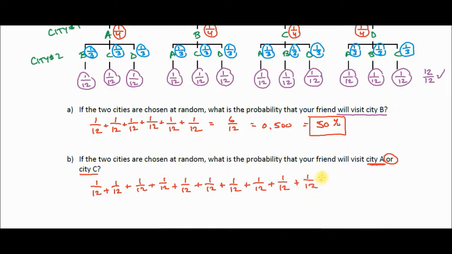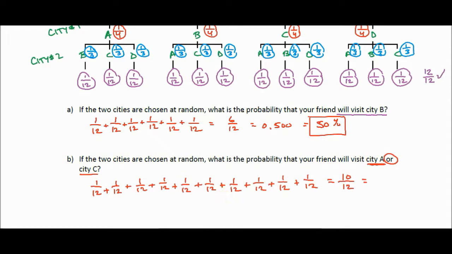So now you see what happens with the actual "or" in the question. Now we're finding branches that either visited city A or city C, or of course, class, both of them also make us happy because all I care about is getting an A or getting a C. Let's add these up. 1, 2, 3, 4, 5, 6, 7, 8, 9, 10. That means our probability of visiting city A or C is 10 over 12.